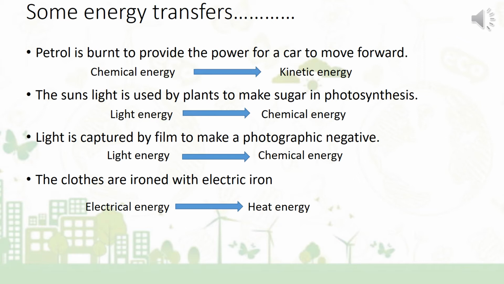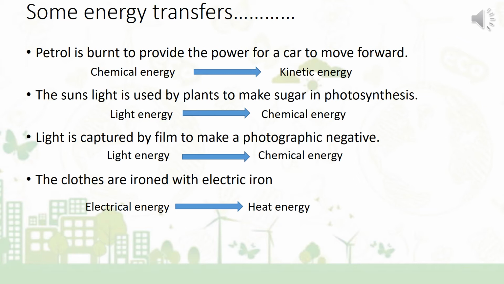The next one is the sun's light used by plants to make sugar in photosynthesis. To do photosynthesis, plants need sunlight. So the light energy of the sun is converted into the chemical energy of the plant.